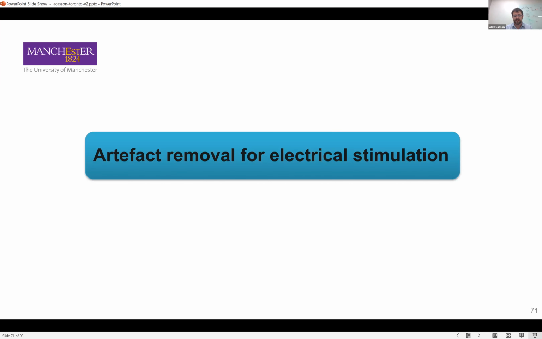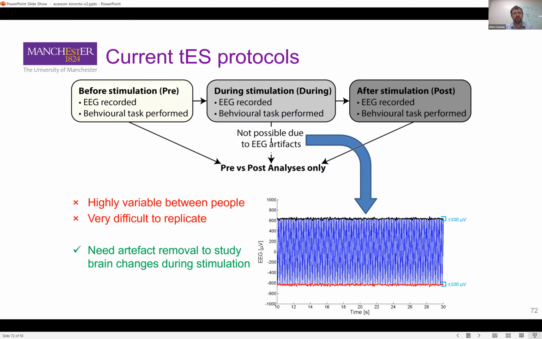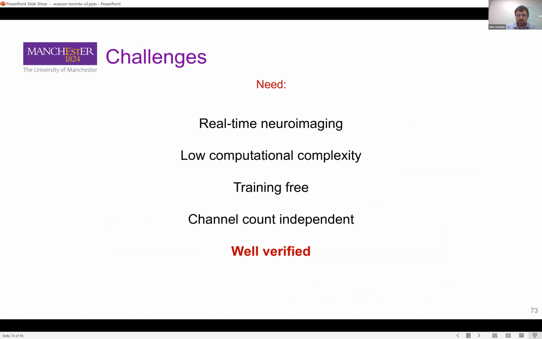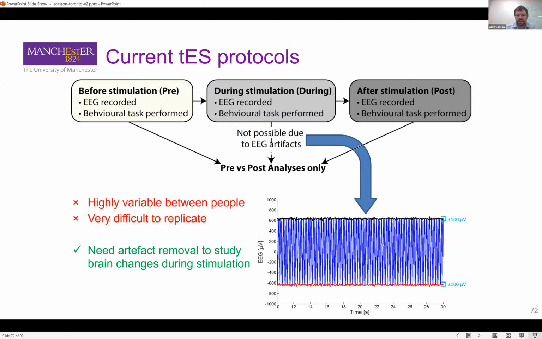And then lastly, and I will just whiz through this very quickly. We've seen this before for the electrical stimulation. The big challenge is artifacts. We can't start to close the loop. We can't start to do the personalization until we can see the brain activity that's going on underneath all of this artifact.